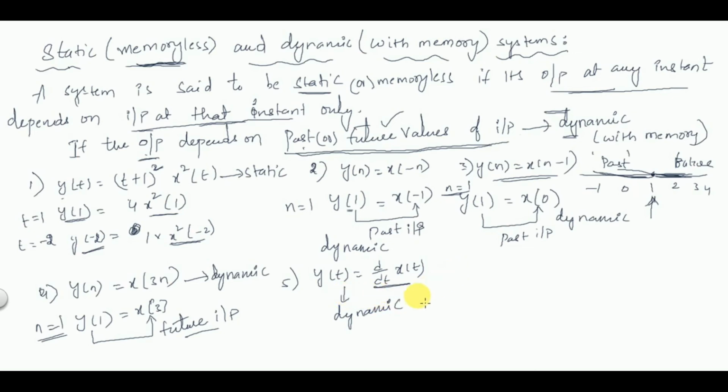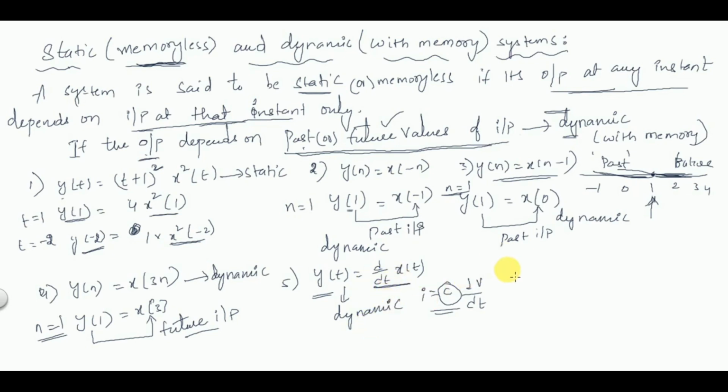For example, i is equal to C into dV by dt. The voltage stored in the capacitor will be the past value, that will be the initial condition of the capacitor. So always the differentiation is a dynamic system.